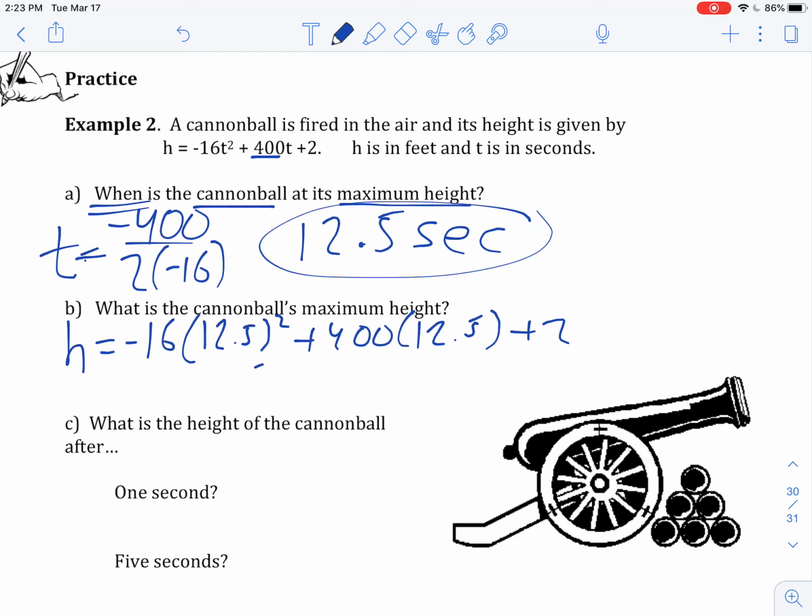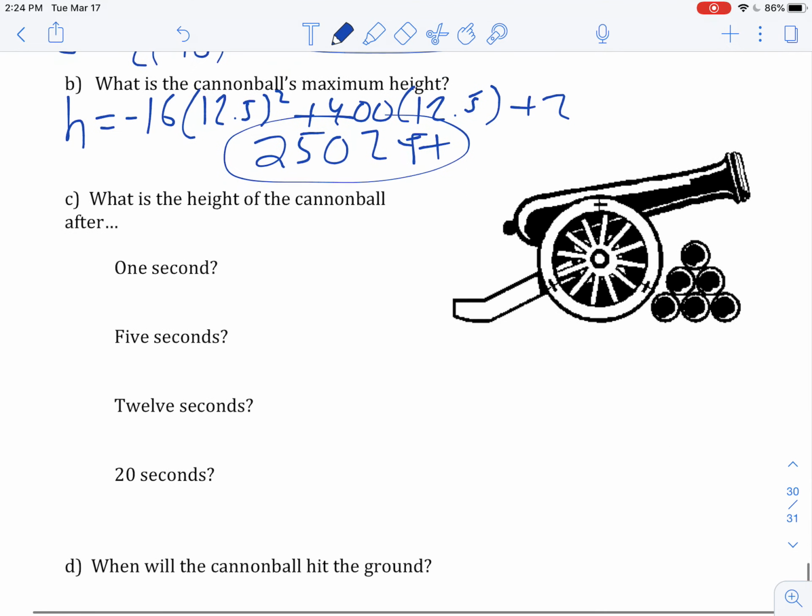And check yourself to make sure you're getting this answer, 2,502 feet, which is not unrealistic for a cannon. A cannon can shoot over a mile in the air, and this is about half a mile, which is, again, very far, but not unrealistic.